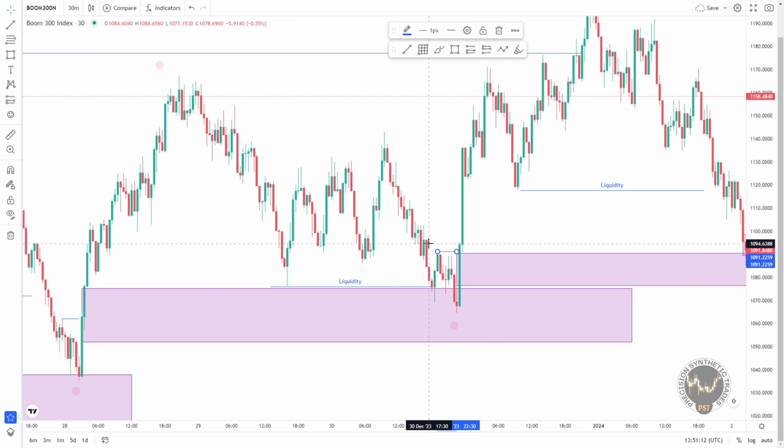Exactly the same. This was the last high that was created, the internal high that was created before we tapped into our point of interest. Price broke through it, so that's my market structure shift.